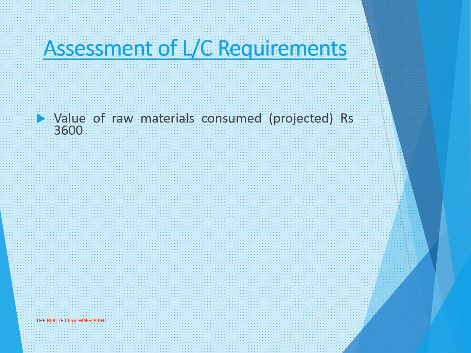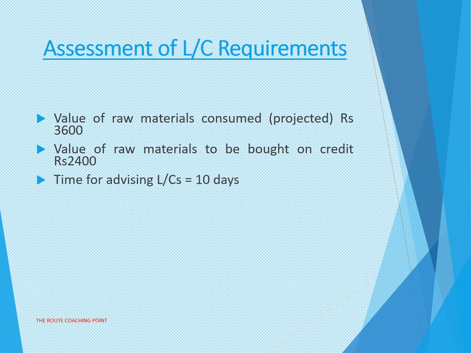Now, how do we assess the LC requirement of a company? Suppose a company consumes raw material of rupees 3600, out of which they buy on credit from other countries around rupees 2400.